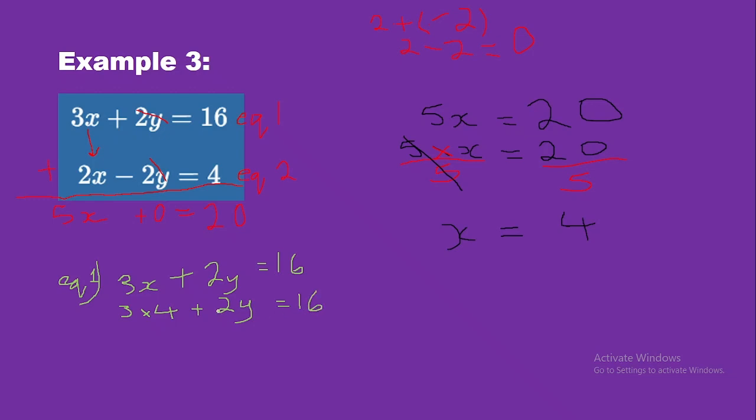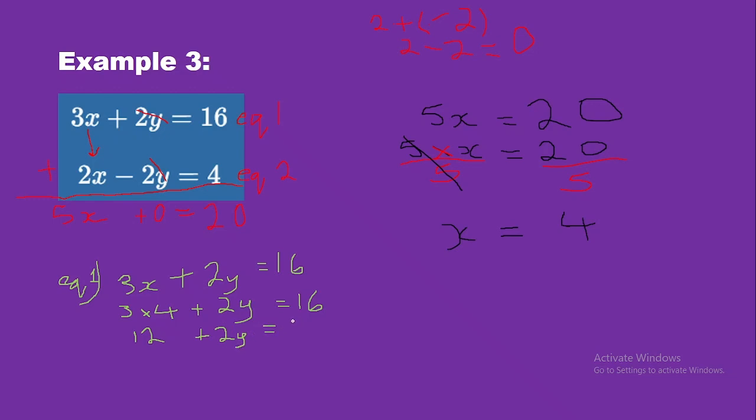So first thing, 3 times 4 is 12. So 12 now plus our 2y, and that is equal to 16.